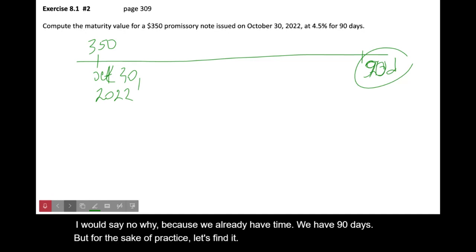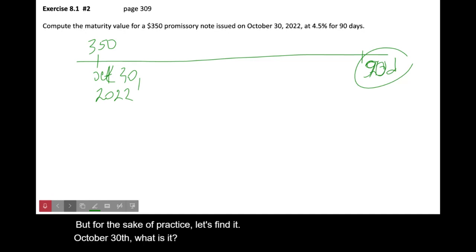Okay, October 30th, what is it? So what is the maturity date, guys?